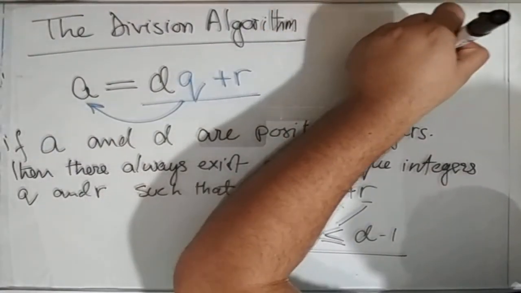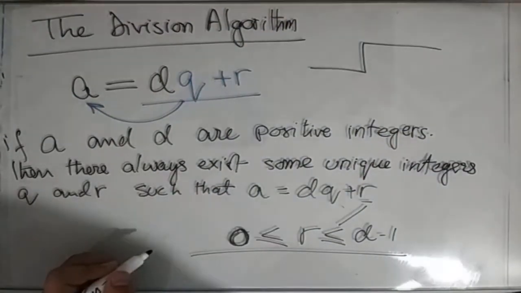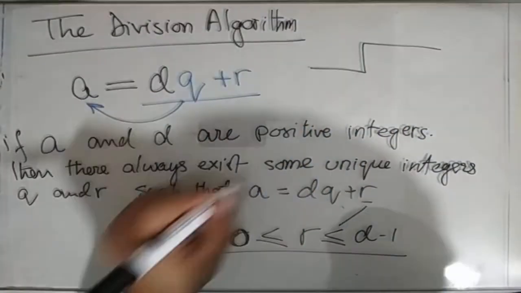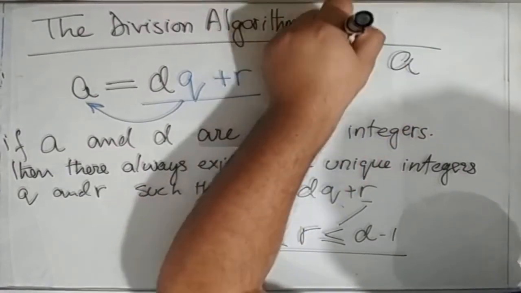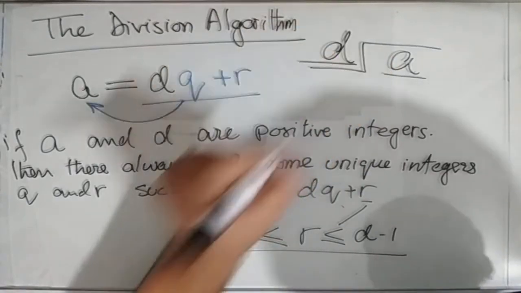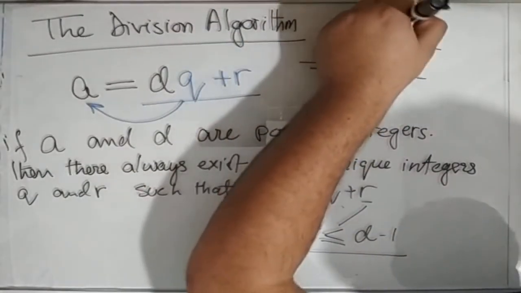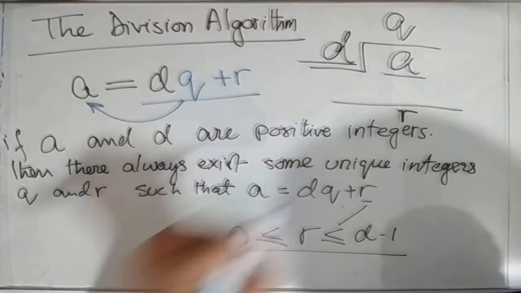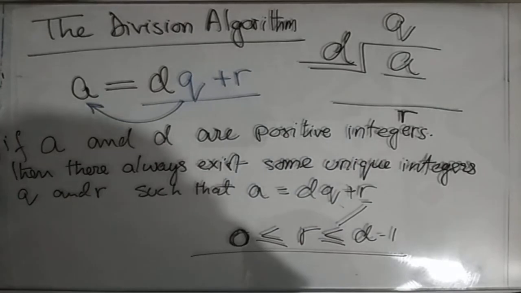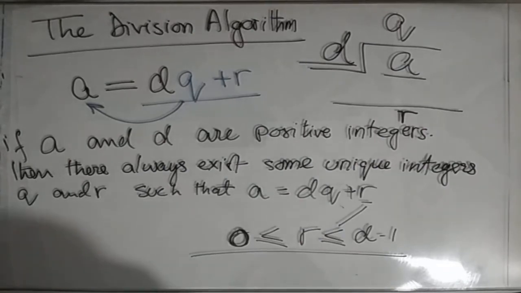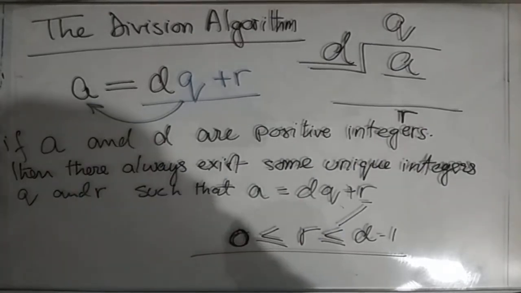When we were told to study how division works, we made something like this, and put an integer here, and we call this the dividend, and we call this the divisor, and we try to find some number q and eventually leave that division here with a remainder. If a was completely divided by d, then the remainder was supposed to be 0, but if a wasn't completely divisible by d, then we had some remainder.